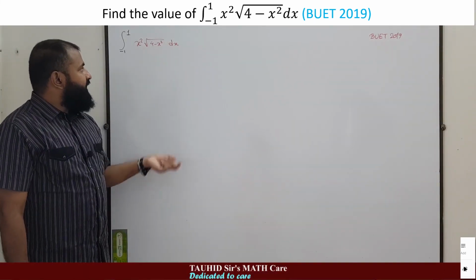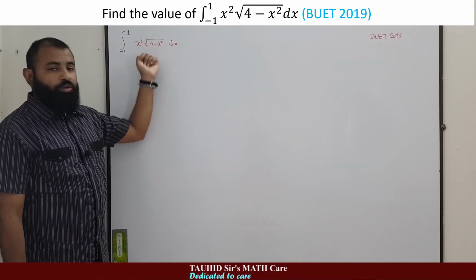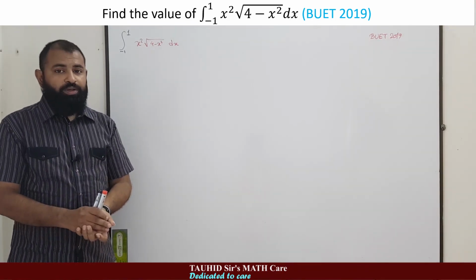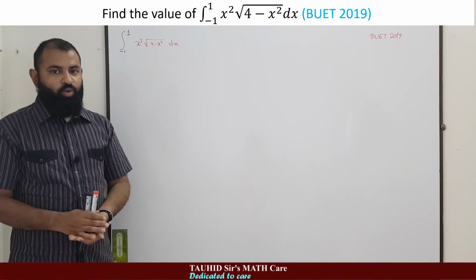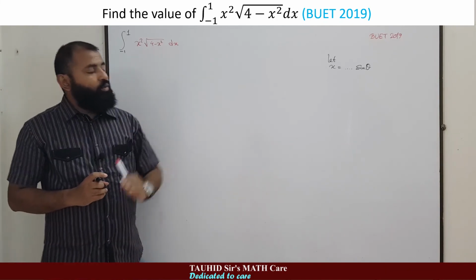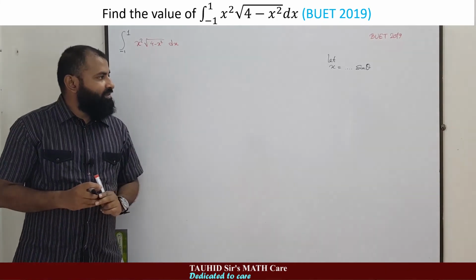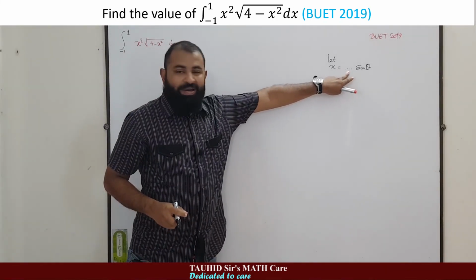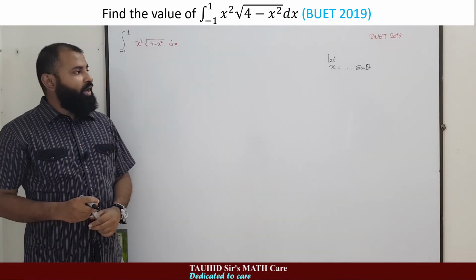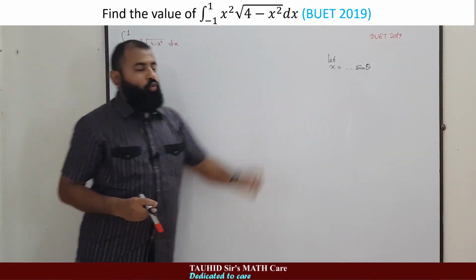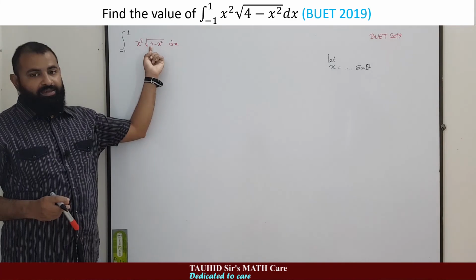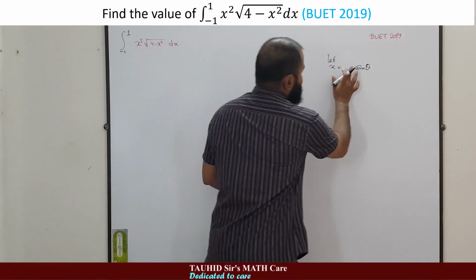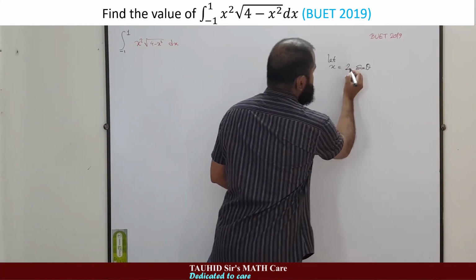The first thing is that when we see a root and inside that root something minus x square, we will let x equal to something multiplied by sine theta. What will be placed here? The square of it will be equal to this thing. So we will let x equal to 2 sine theta.